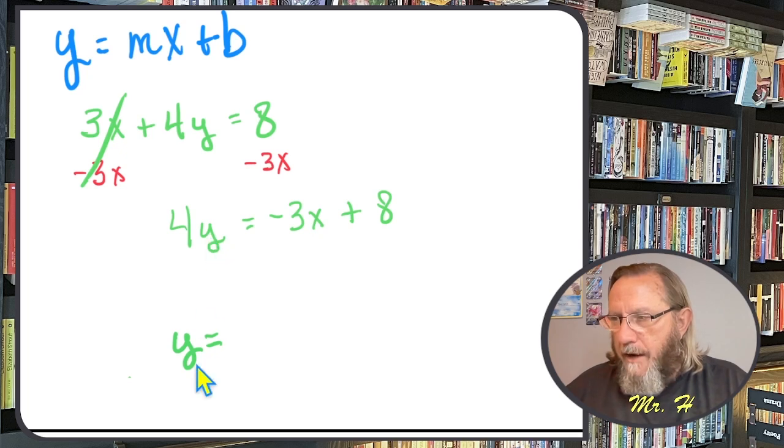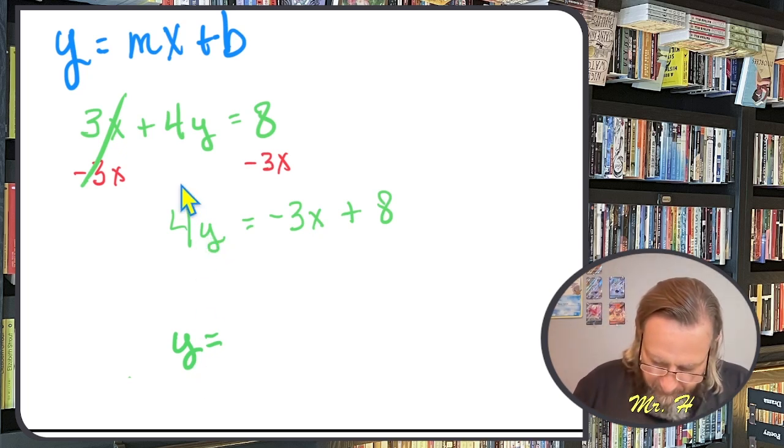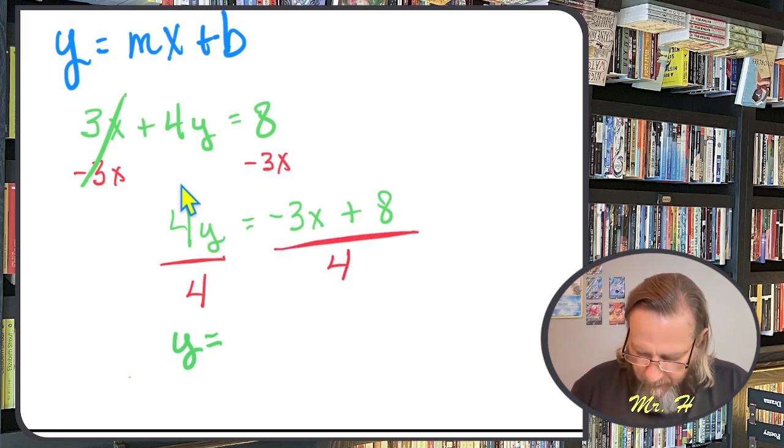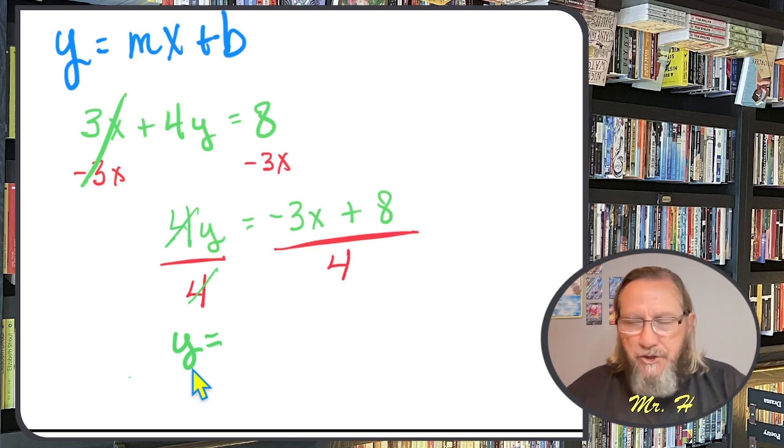Now I need to get the y by itself. So we've got a 4 hanging there with it. So we're going to have to divide by 4, and everything by 4 over here. On the left, the 4s cancel out. And there we are. We've got our y all by itself. That was what we were shooting for.